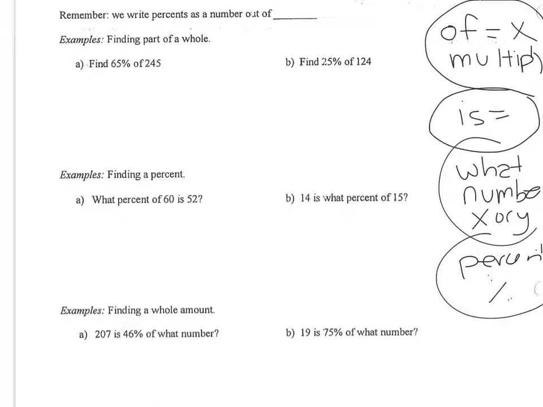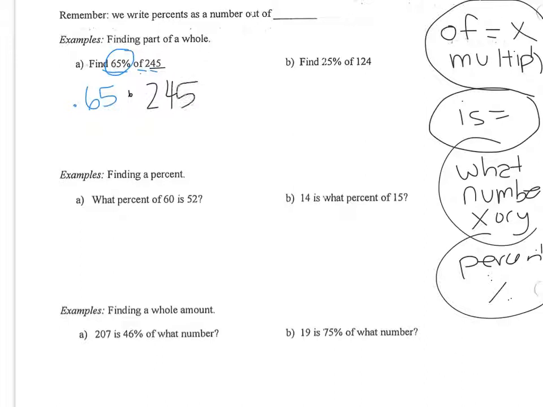So find 65% of 245. So 65%, write this as a decimal, is 0.65. Of means multiply, so times, and then 245.